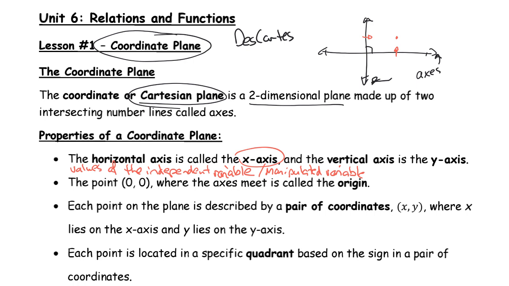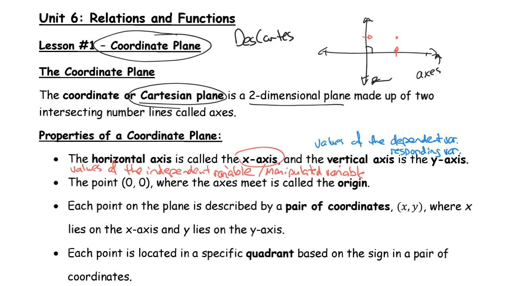And then on the vertical axis, we keep the values of the dependent variable. Or from a science class, you might call it the responding variable. The way I want you to think about it is that you're the one who controls.